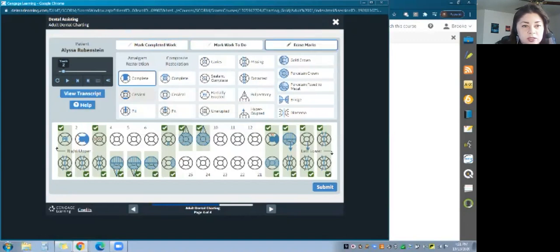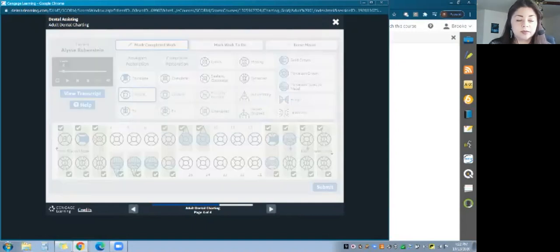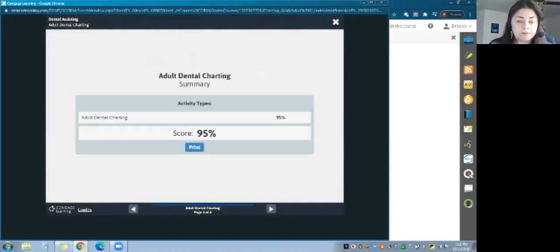So let's change it to amalgam and see if that's what it wants. There we go. I guess it was assuming that it's amalgam. I assumed it was composite. So cool. I got a 95 because I messed up once, but it is what it is.